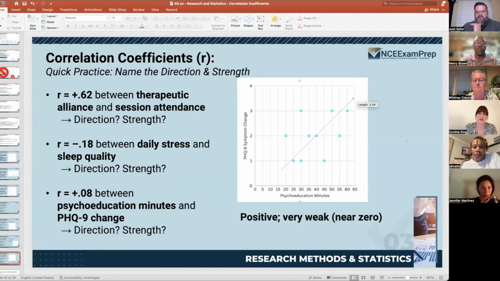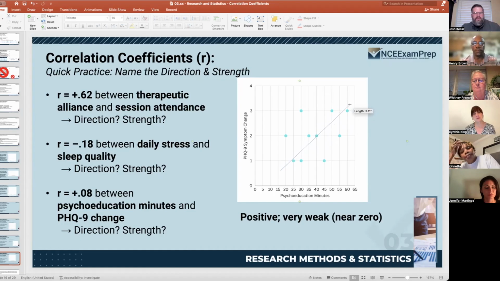But because those dots are all kind of far away from the line, I might be able to draw a line and get two dots on it, depending on where I positioned it, right? But I'm going to miss most of those dots, which means that it's a very weak correlation. Okay. Does that make sense?